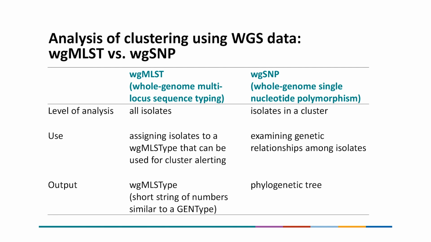The wgMLSType is a standard naming scheme that will be a short string of numbers similar to a GENType. On the other hand, we use wgSNP to examine the genetic relationships among isolates in a cluster in more detail, and the cluster can be based either on GENType or wgMLSType, and the output is a phylogenetic tree that diagrams these genetic relationships.